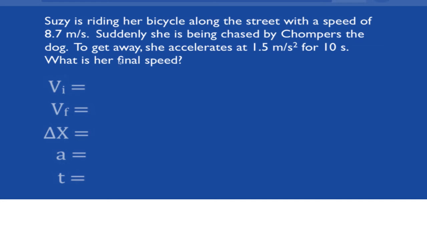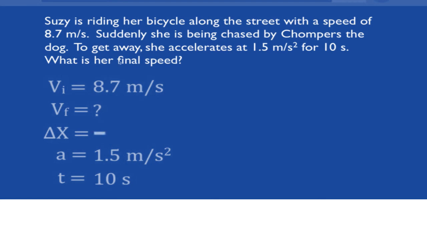Now I am going to fill in the things that I know and the things that I don't know. The first thing I know is the initial velocity, 8.7 meters per second. The next thing I know is the acceleration, 1.5 meters per second squared. The next thing I know is the time, 10 seconds. We are trying to find the final velocity.